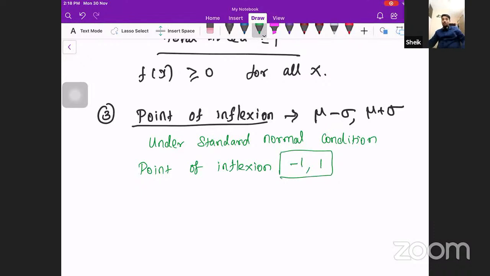Under standard normal condition, what is point of inflection? Minus 1 comma plus 1. I will tell you the reason behind it. Why is it minus 1 comma plus 1?